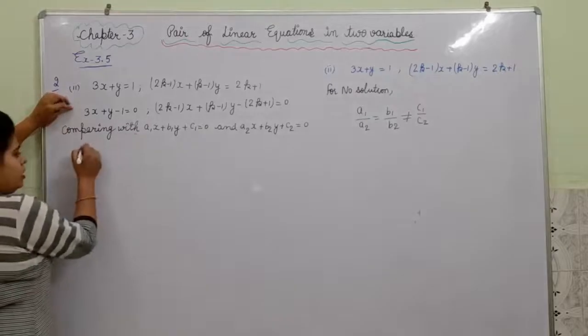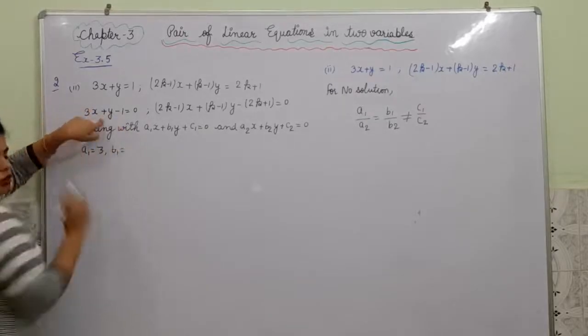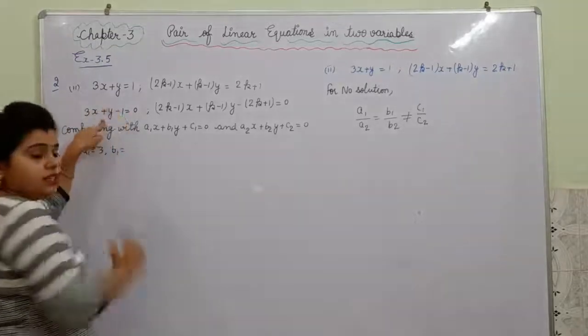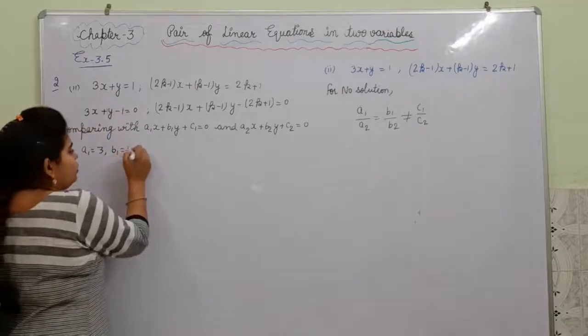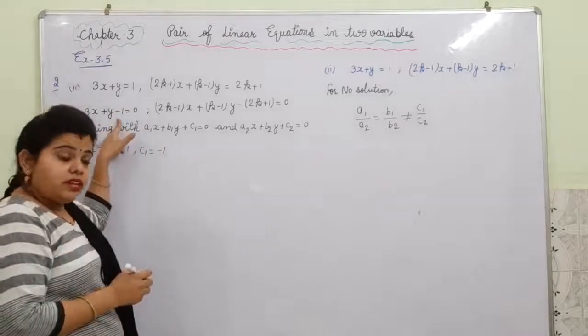Now from here, a1 is equal to 3, b1, what is the coefficient of y here? Coefficient of y is 1. So b1 is equal to 1, c1 is equal to minus 1.